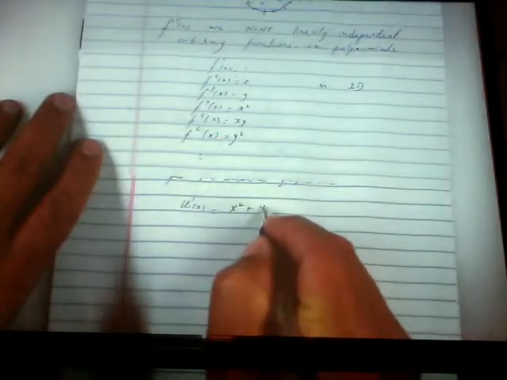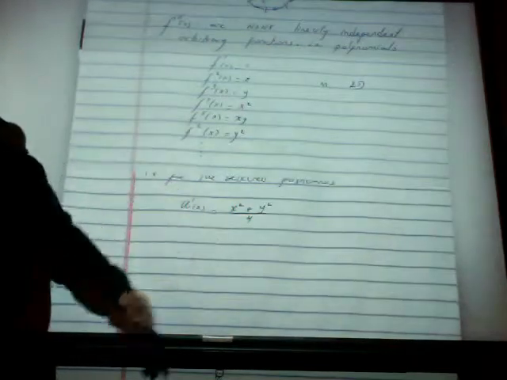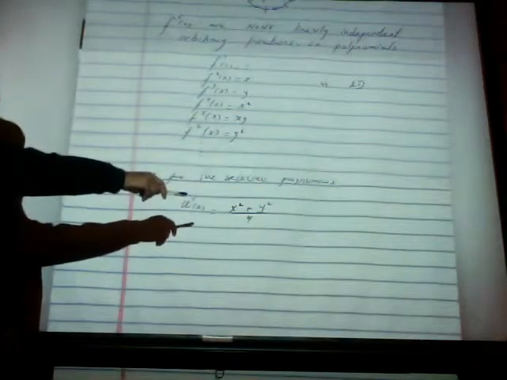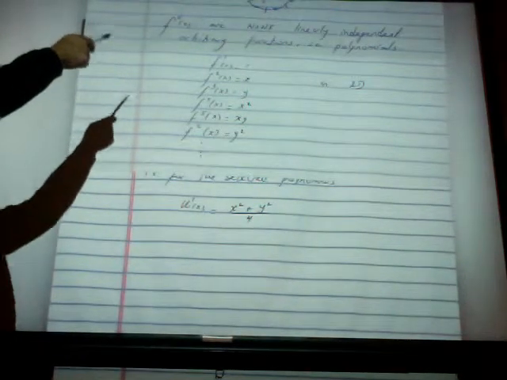For instance, how about x squared plus y squared over 4? Wouldn't that give you 1? That's an example, right? There's a few more. So if you differentiate this with respect to x twice, what do you get? 1/2, right? If you differentiate with respect to y twice, what do you get? 1/2. 1/2 plus 1/2, you get 1.